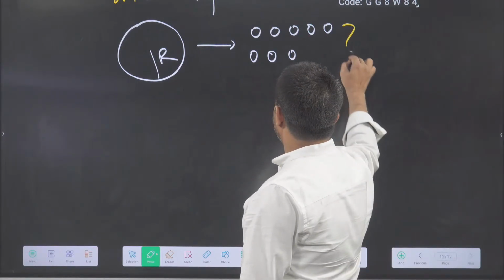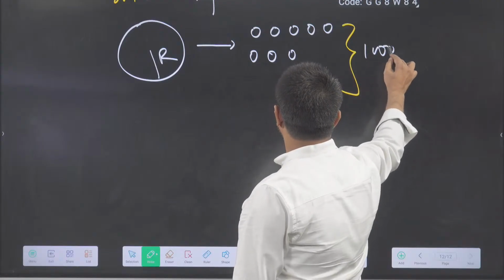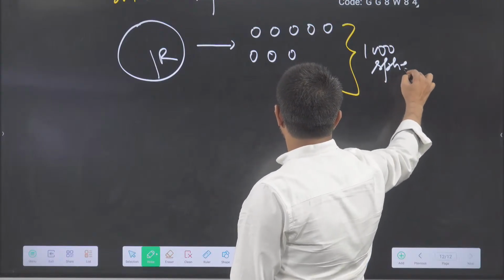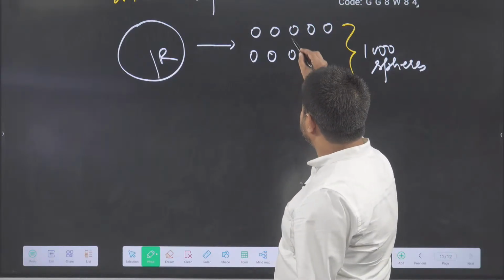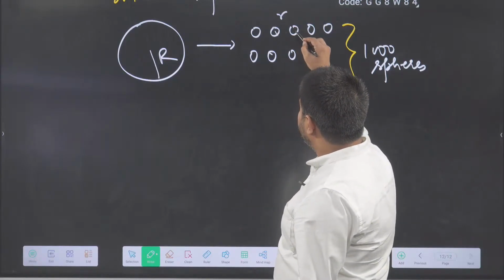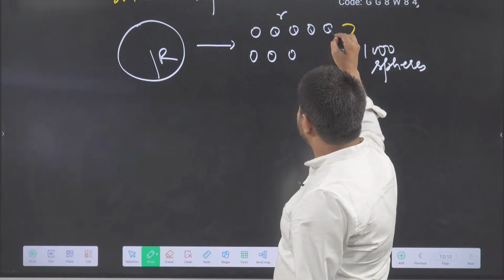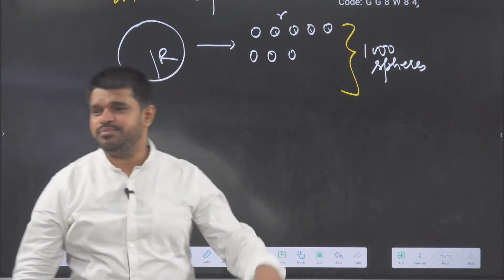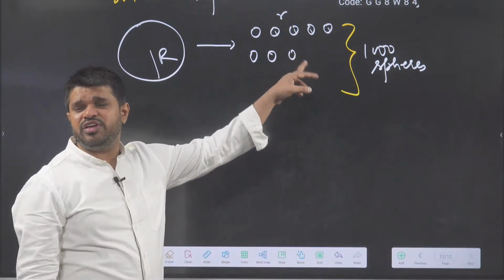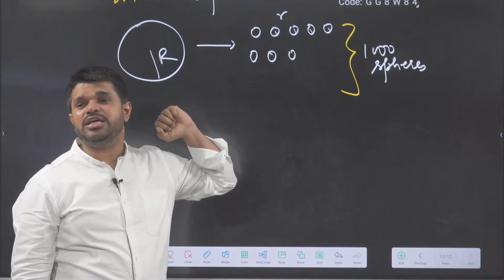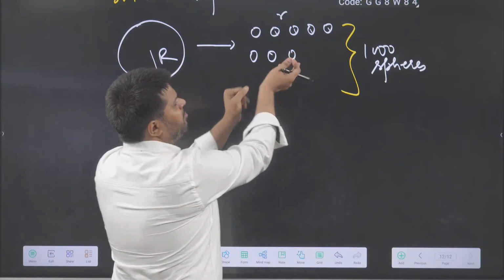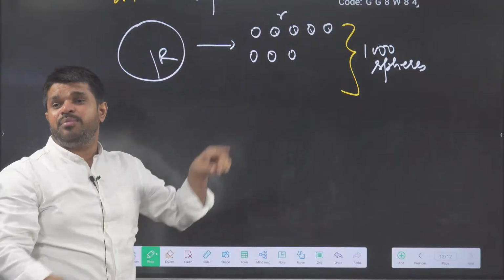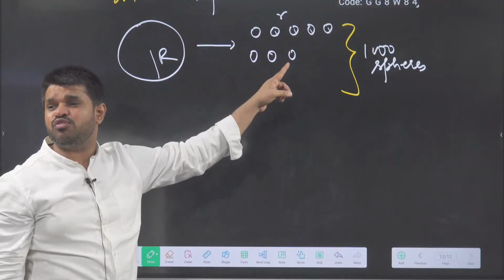How many such? 1,000 spheres. Let's say the radius of each small sphere is small r. Now you can see these small spheres are made from the big sphere. So if I again combine them, I will get the previous one. Means volume here equals volume here.